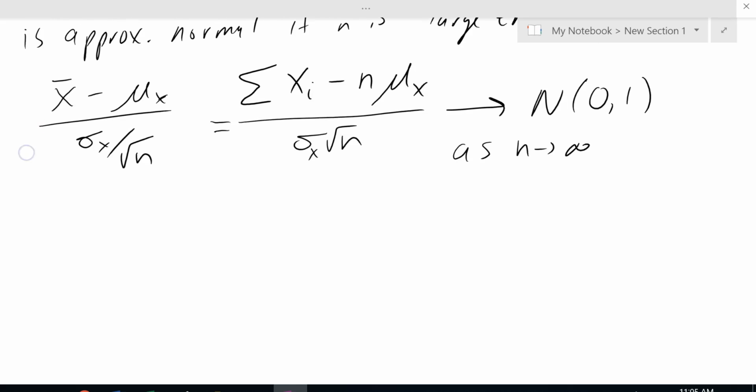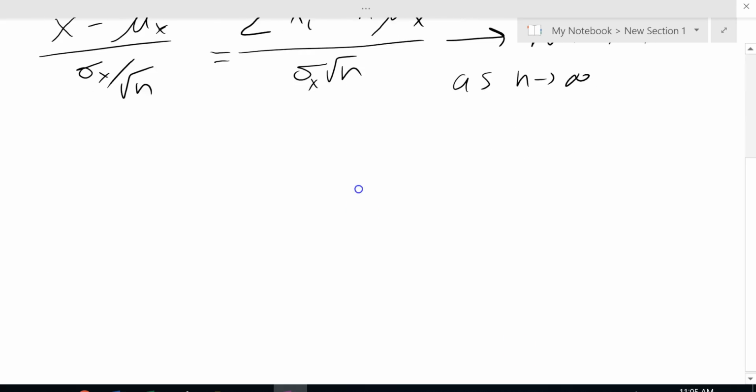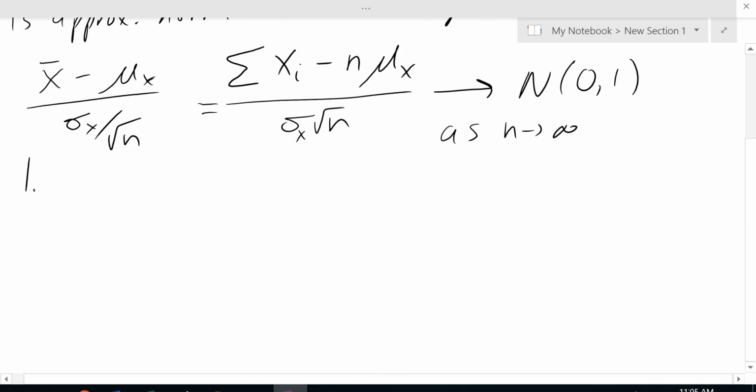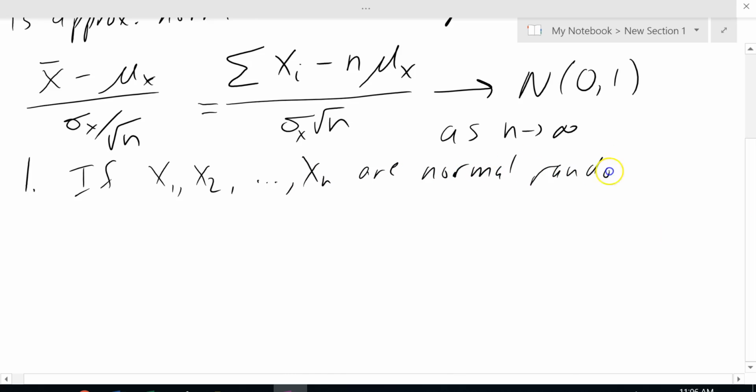We talked about the distribution of different types of variables as well. This is in part of the central limit theorem as well, but we know that if your x sub 1, x sub 2, out to x sub n are normal random variables, then the sum is also normal, right?